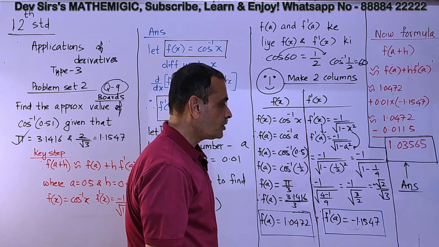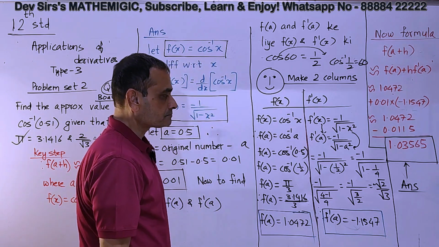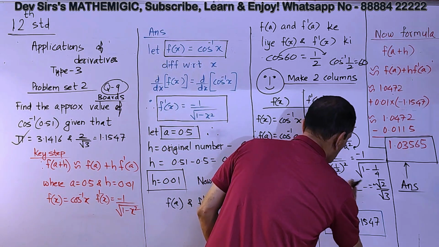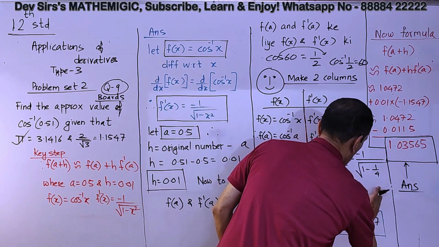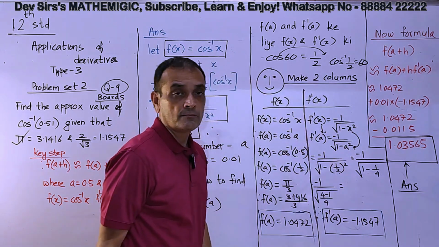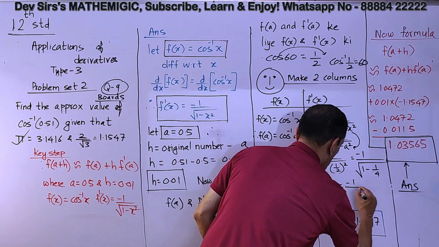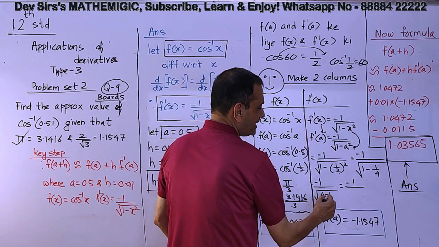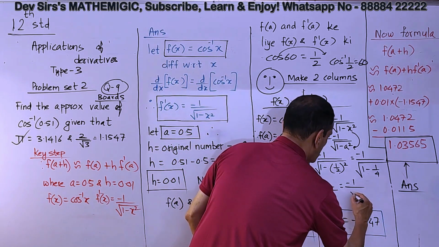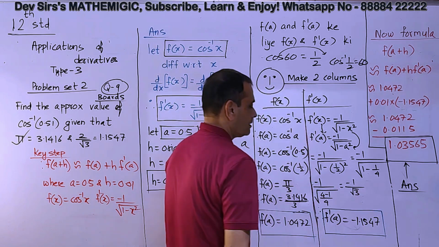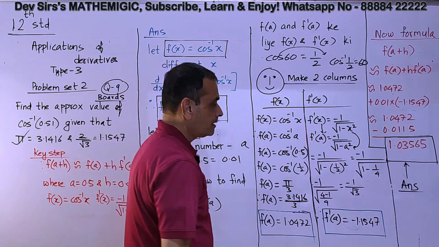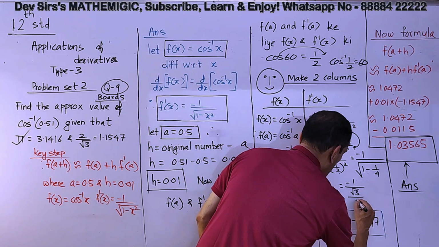Okay, so what do we get? देखेंगे इधर, we'll write it carefully. देखो, minus 1 upon 4 minus 1, 3, root 3. Square root of 4, 2.